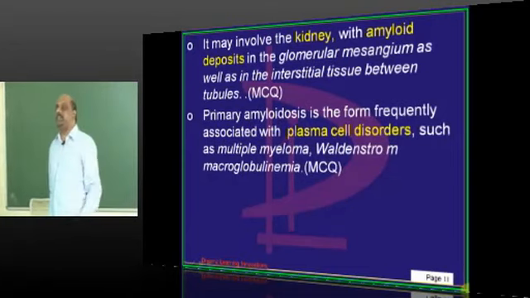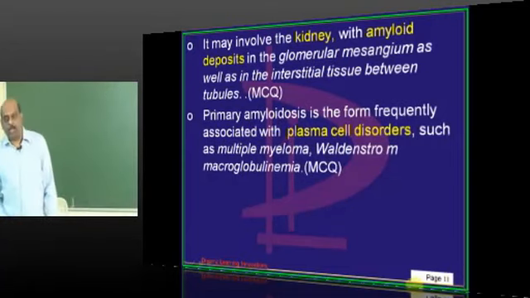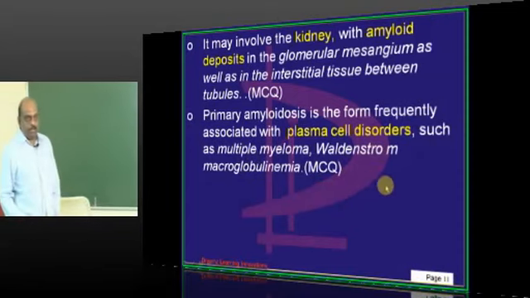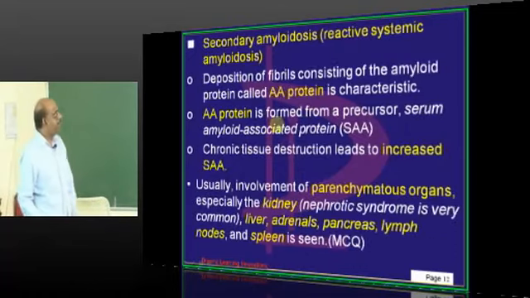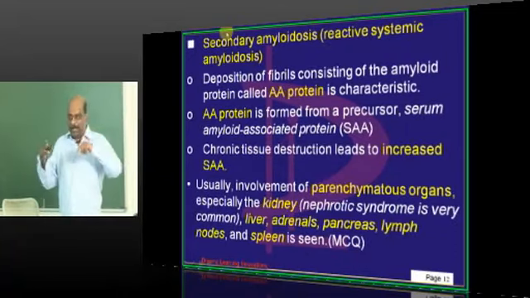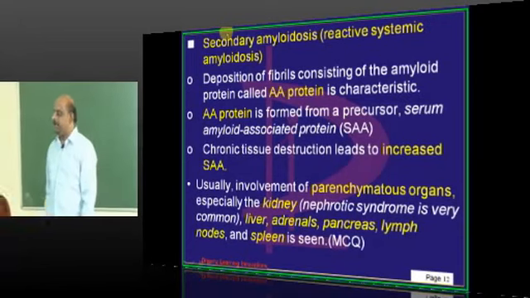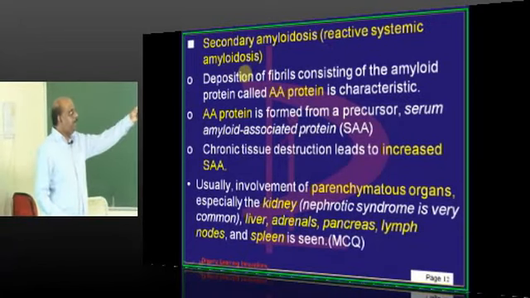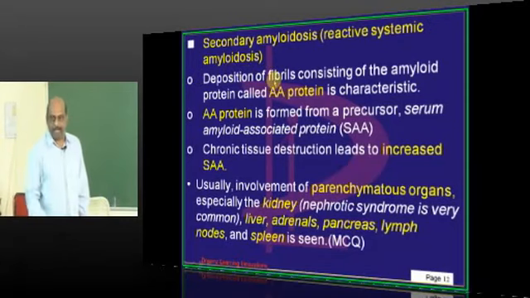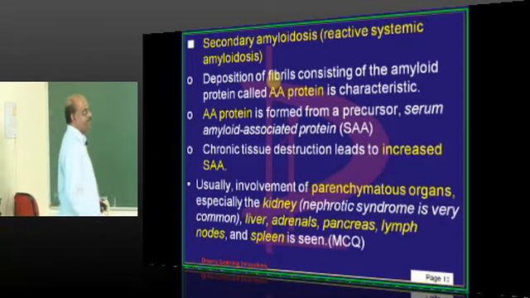Then which plasma cell dyscrasias? Primary amyloidosis, you will remember: multiple myeloma, Waldenstrom's macroglobulinemia, they are all the associated things. Then the other name given for secondary amyloidosis is systemic reactive amyloidosis. There is some chronic inflammatory state going on in the body, and that systemic inflammation has led to the development of amyloid protein, hence called systemic reactive amyloidosis.